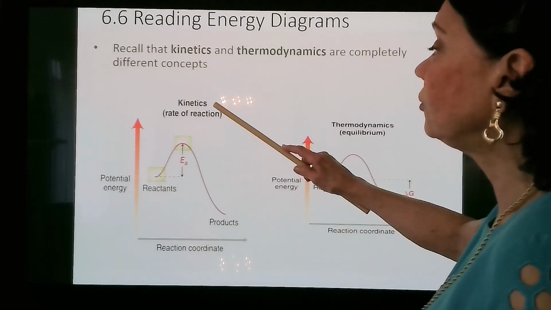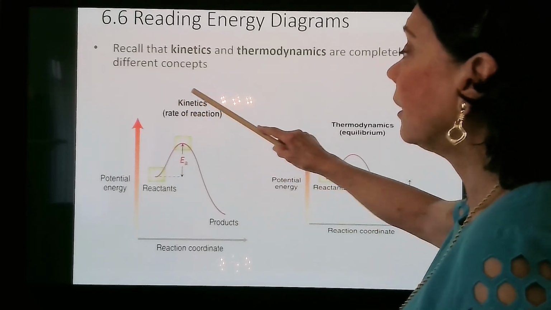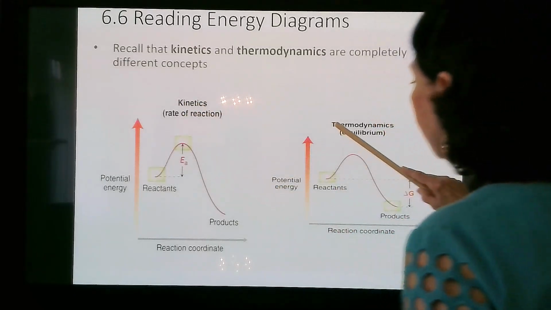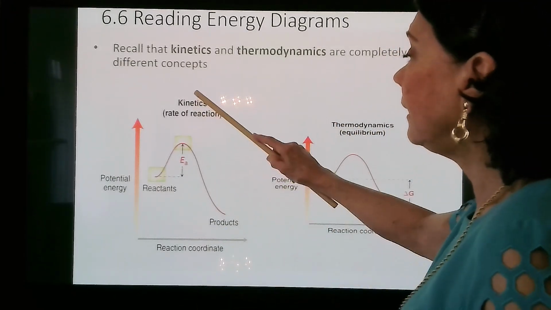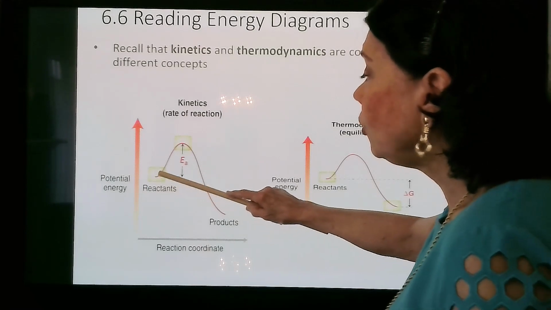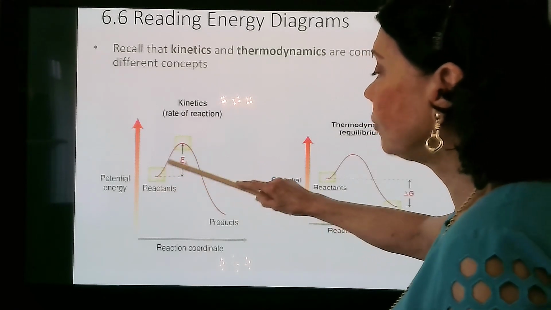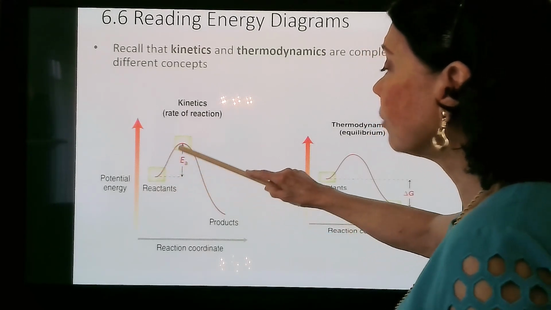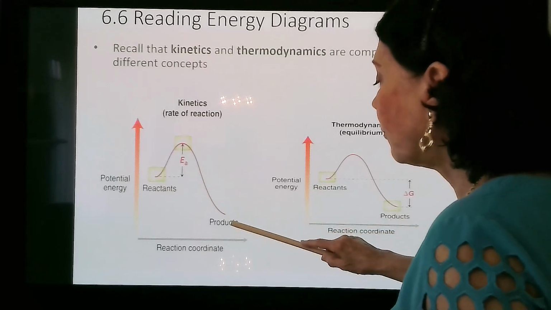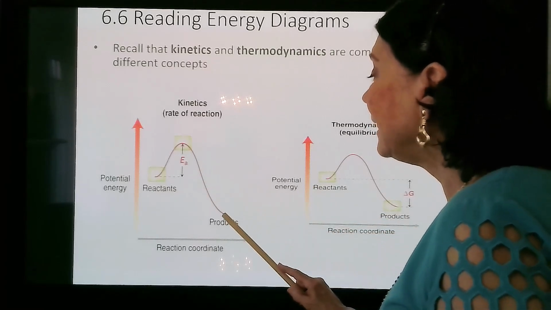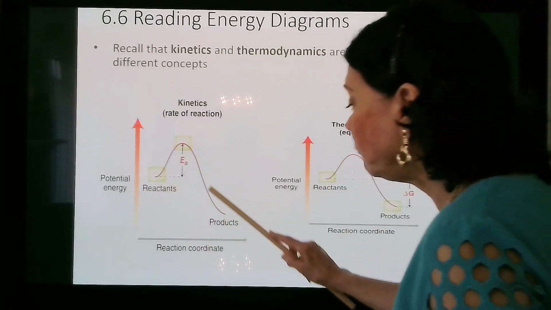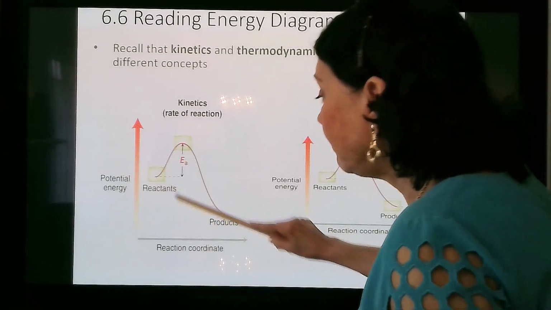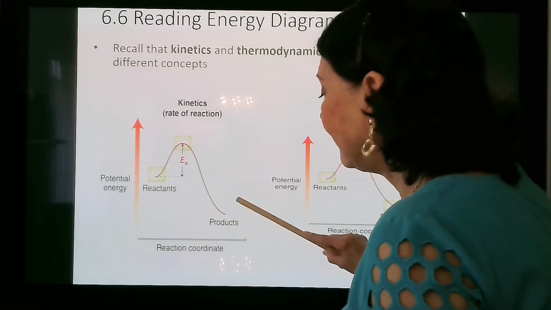Because what this is comparing is a kinetically controlled reaction with a thermodynamically controlled reaction. In a kinetically controlled reaction, you have an energy barrier that is so high, the molecules go over it, they come down to products, and the products don't have enough energy to get back over that energy barrier. They come down quite a bit lower in energy than the reactants.